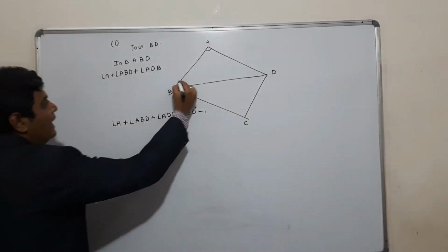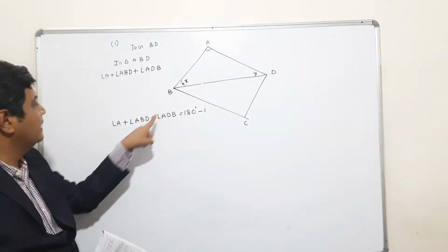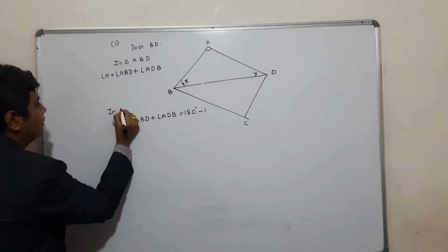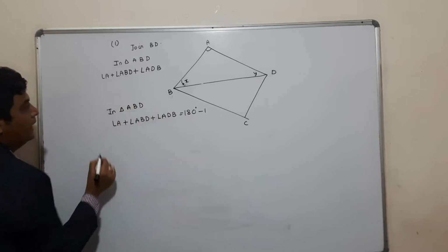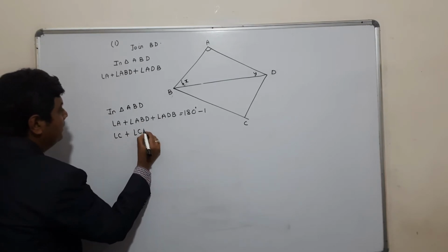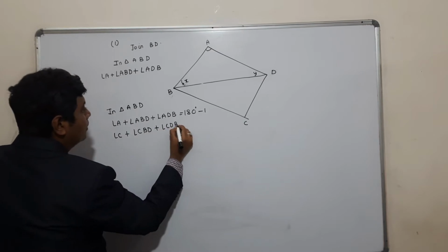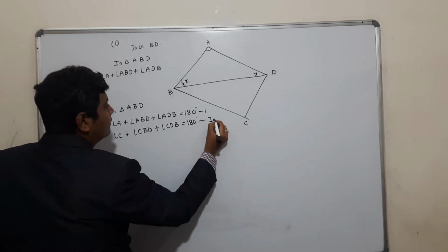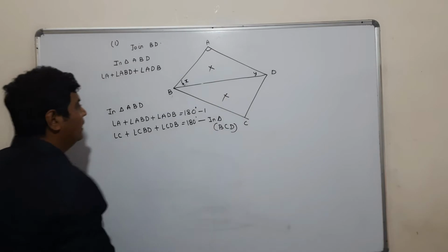Understood? Suppose I write this as x and this is y. So this ABD is nothing but my x and ADB is nothing but my y. So this is in triangle ABD. Again, can I say angle C plus angle CBD plus angle CDB is equal to 180 degree in triangle BCD, in this triangle. First I had considered this triangle, now this triangle.